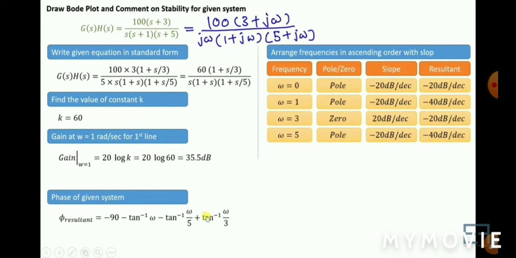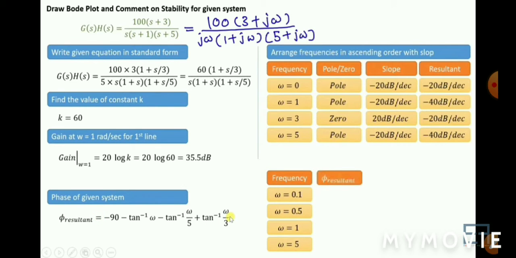For s plus 1, it is minus tan inverse of omega. For s plus 5, it is minus tan inverse of omega by 5. The numerator term s plus 3 gives plus tan inverse of omega by 3, because it will be plus for zeros and minus for poles.